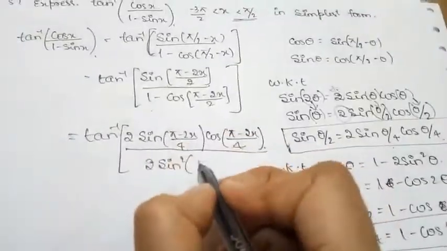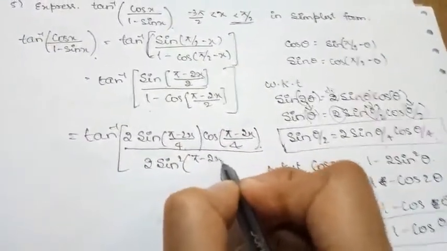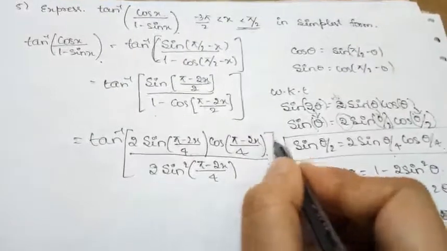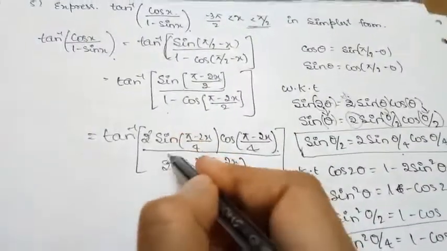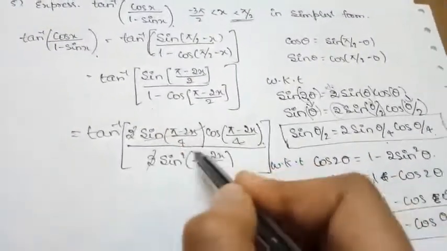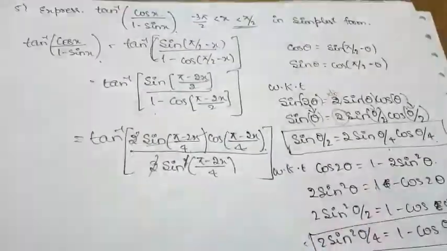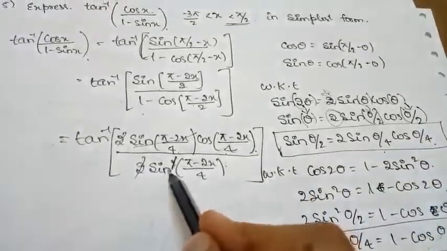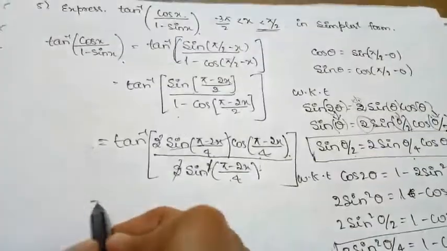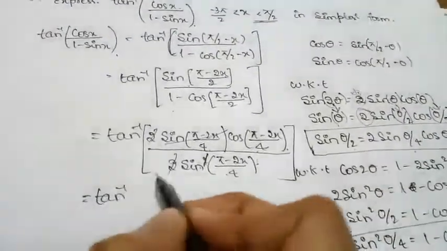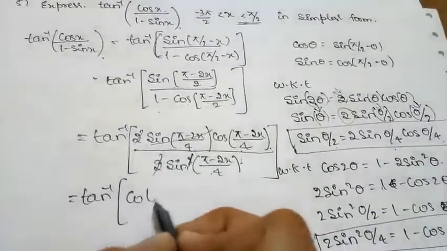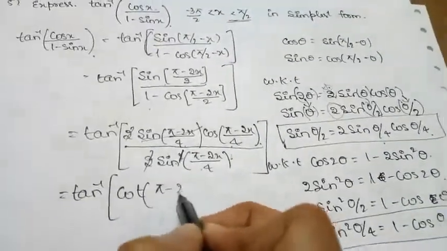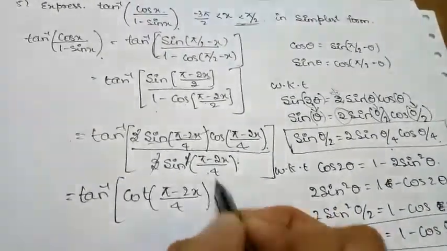So cos((pi - 2x)/4) divided by sin((pi - 2x)/4). Cos by sine is nothing but cot, so cot((pi - 2x)/4).